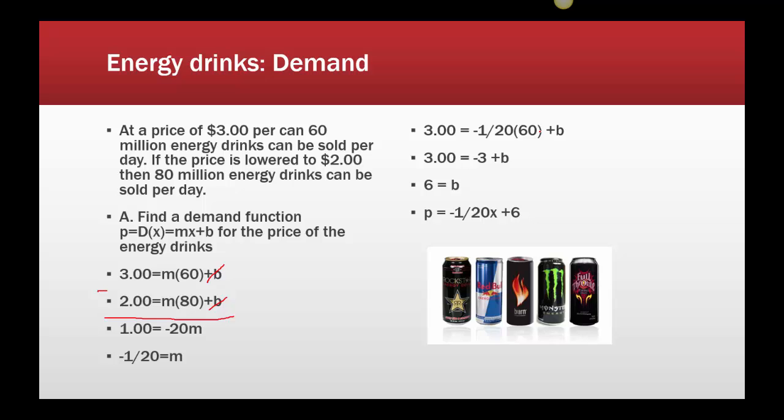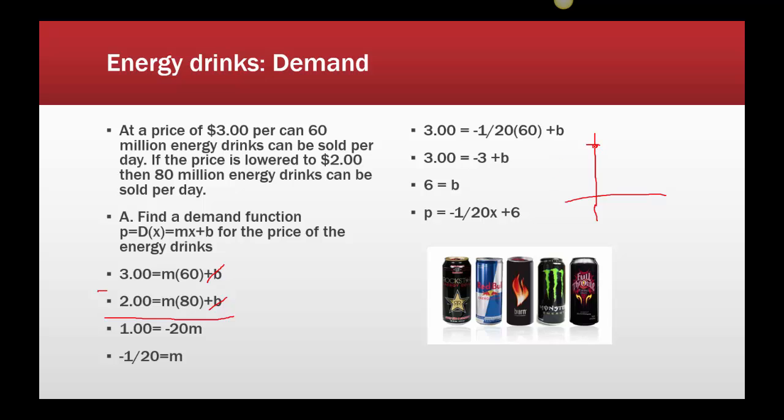All right. So this is the first time we've been really talking about this demand equation, so I want to point out some things. So this 6, that's where it's going to hit the y-axis. So if I were to draw this, not a really good drawing, but up here at 6, this would be my y-intercept, and that says that nobody's buying it for $6. But if I were to decrease the price, more people will buy it.